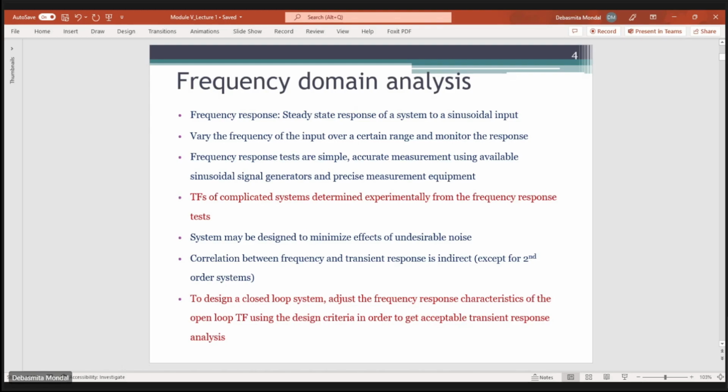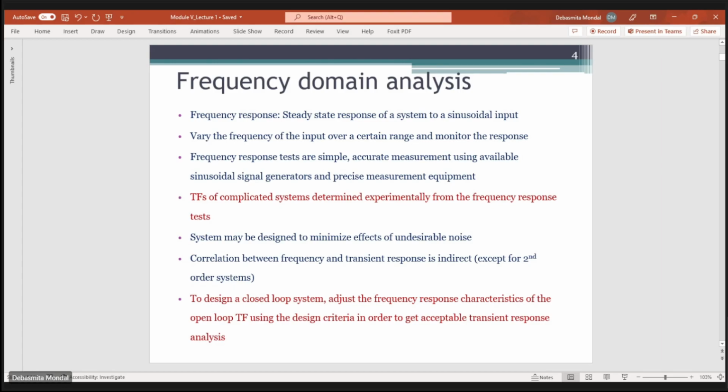In general, to design a closed loop system, we adjust the frequency response characteristics of the open loop transfer function according to the design criteria provided, which may be given in the transient response analysis.